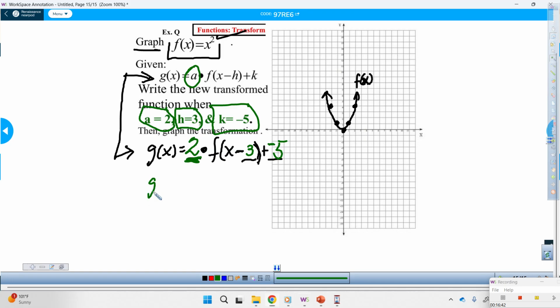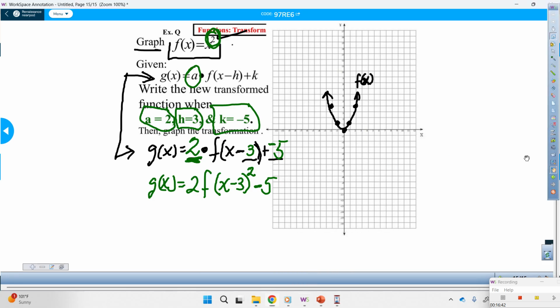Here we go. g of x equals 2 f of x minus 3. Now don't forget outside of the parentheses, this is a what kind of function? A quadratic. So you write the squared. And then negative times the positive is -5.